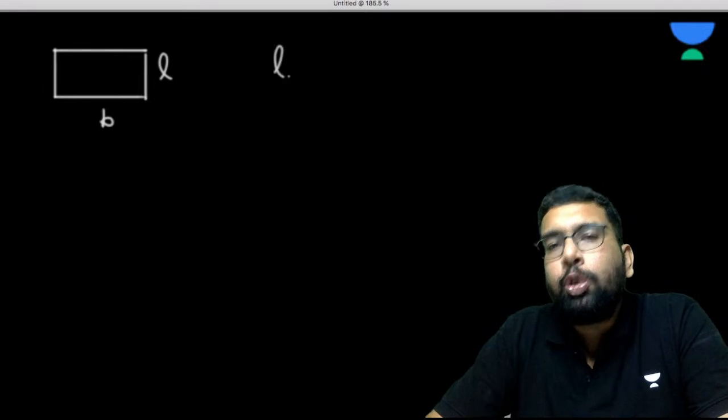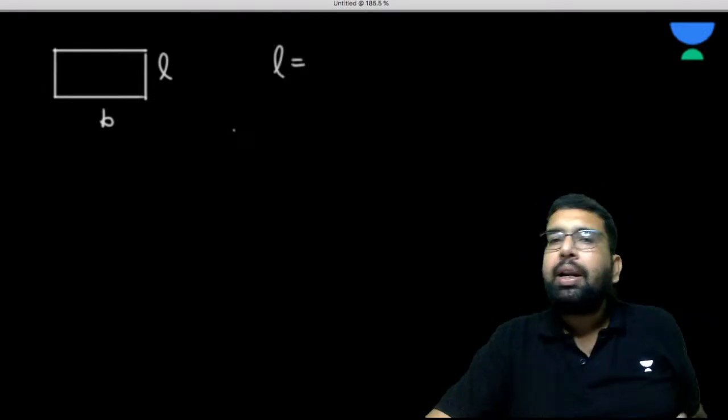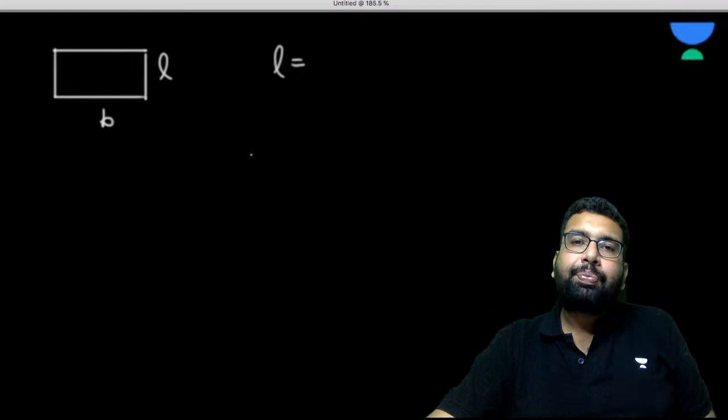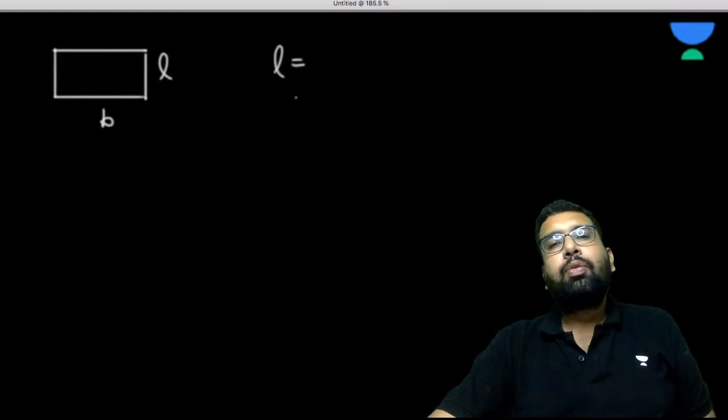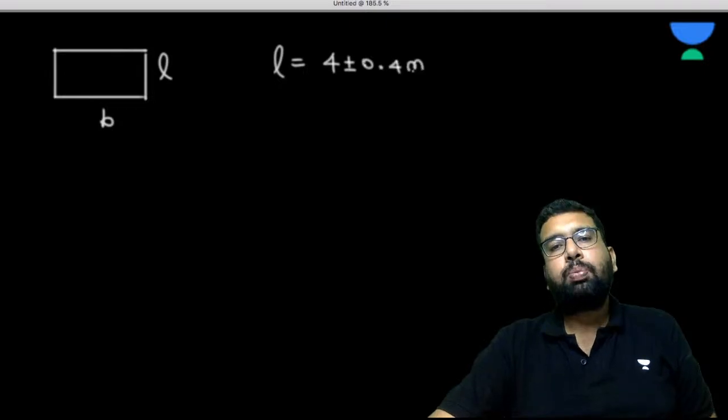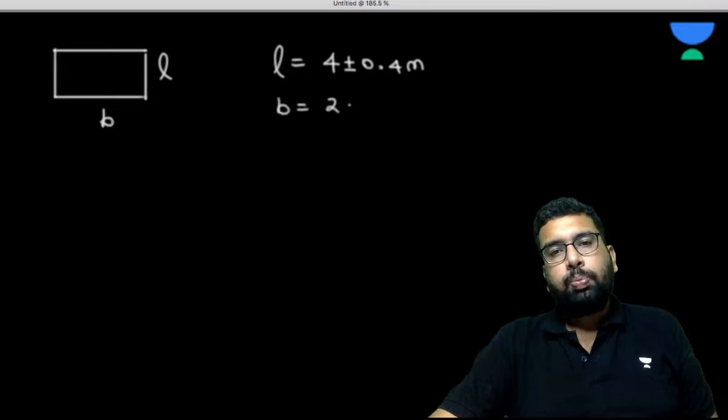No measurement can be 100% accurate no matter how we try. So the length will have some error. Let's suppose the length comes out to be 4 plus minus 0.4 meter, and the width comes out to be 2 plus minus 0.2 meter.